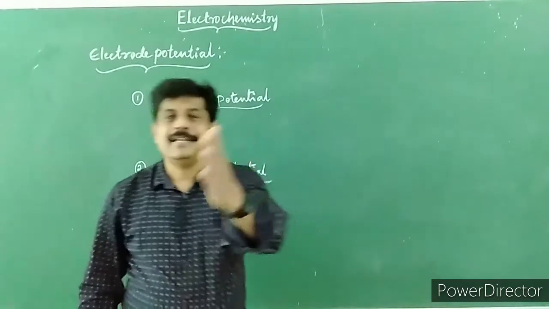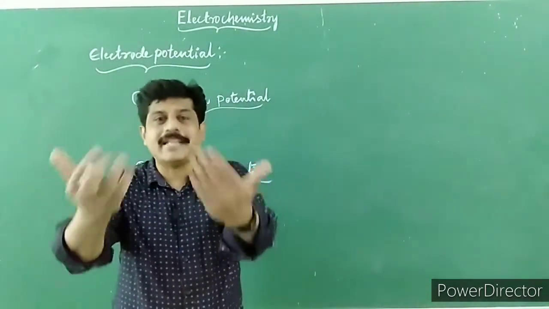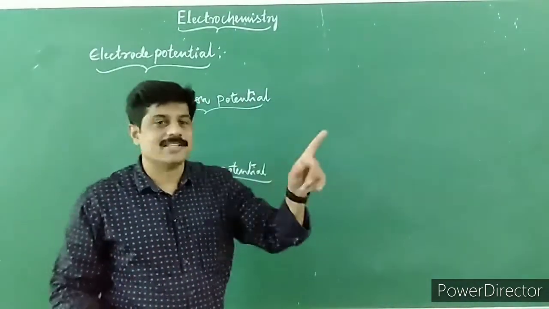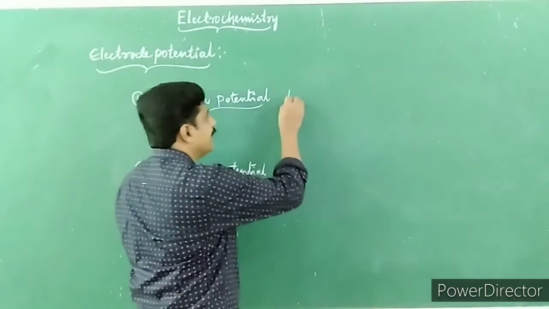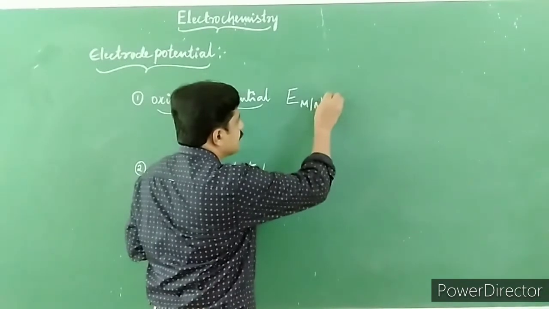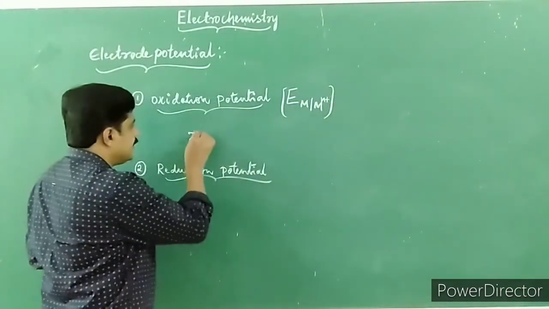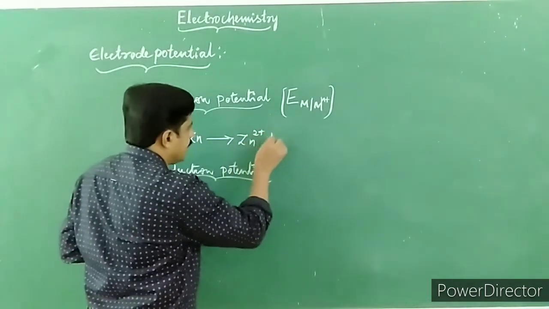Children, the tendency of an electrode to lose electron or get oxidized when in contact with the solution of its own ions is called oxidation potential and is denoted as M | Mn+. Let me quote an example. Zinc loses 2 electrons to form Zn2+ ions.